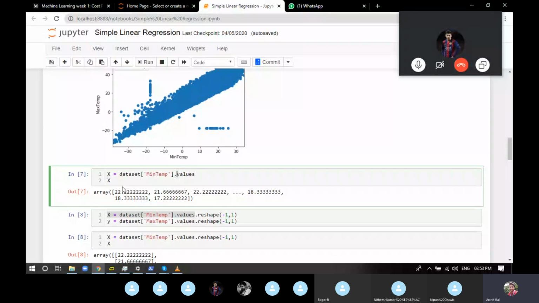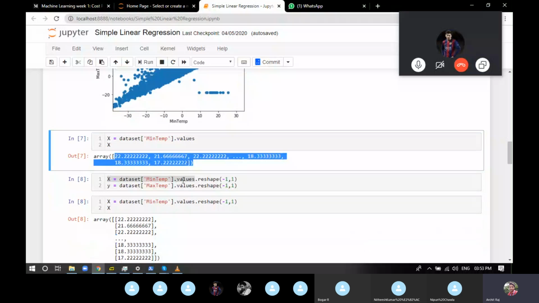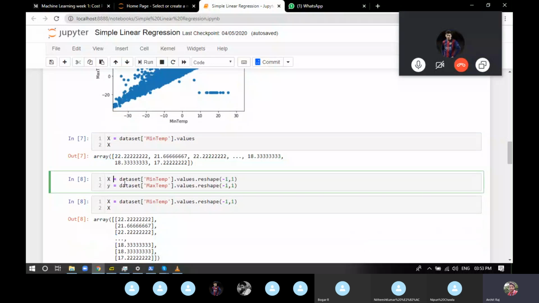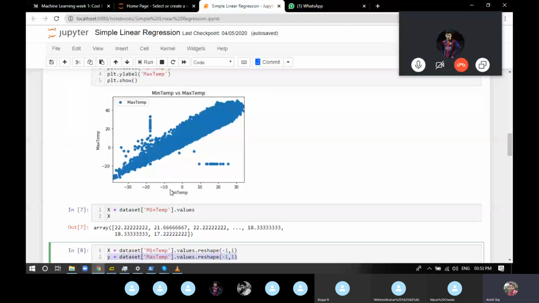Then we did the same thing, and kept y as the maximum temperature, which will be the predicted one. It's the answer that we want to get, because we are training our model so that we can put in any minimum temperature and, on the basis of it, the model should give the maximum temperature. So x will be the independent one and y will be the dependent one.